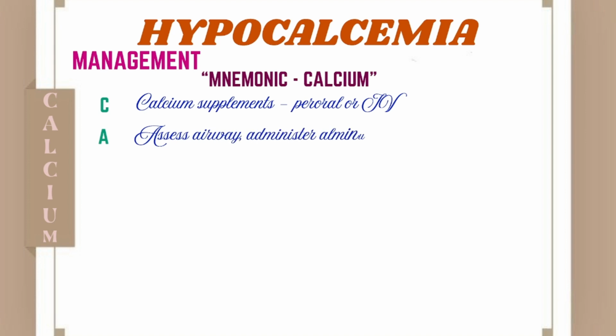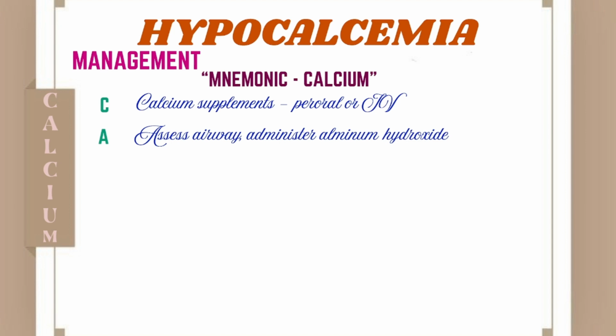A stands for assess airway and administer aluminum hydroxide. We have to assess airway because laryngospasm or stridor can occur, as we discussed in clinical manifestations, which can be life threatening.